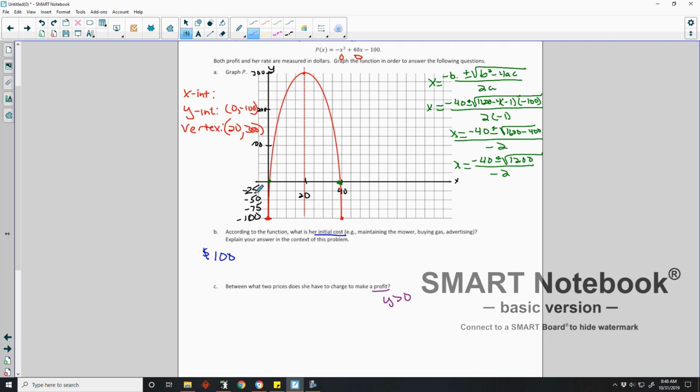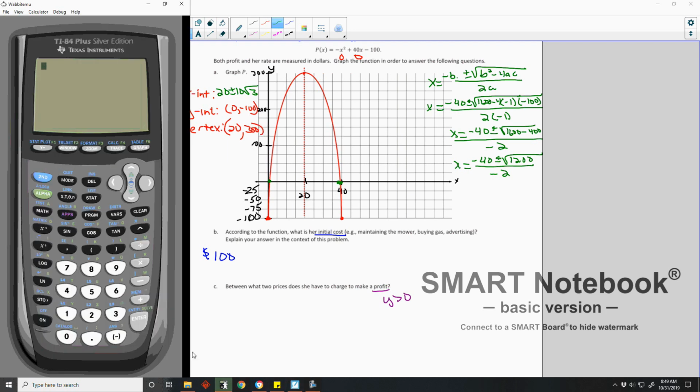So we need to find the values of our intercepts. They are, okay, so I need to plug in the x-intercept, 20 plus or minus 10 root 3, which we solved by doing the quadratic formula, or you could have completed the square as well. So anyway, I just need to find out what this value is in dollars. We don't use radicals for money, so I will get my calculator, and I will put 20 plus 10 square root 3. Enter. And then I'll just do second entry and change the plus to minus.